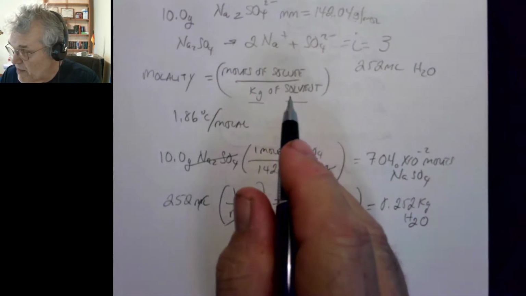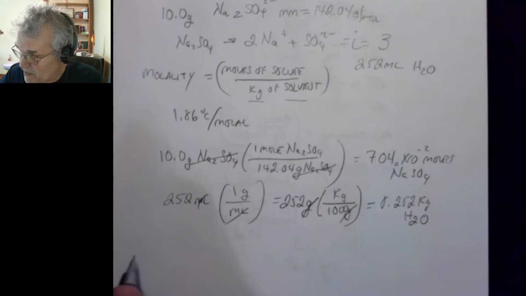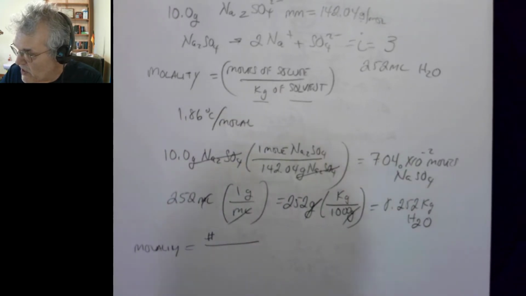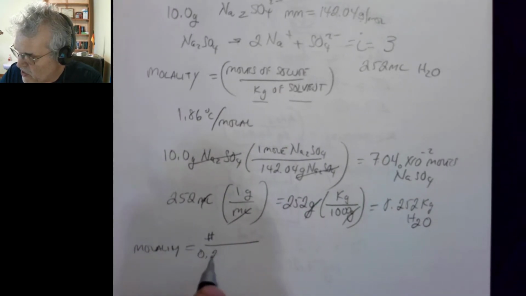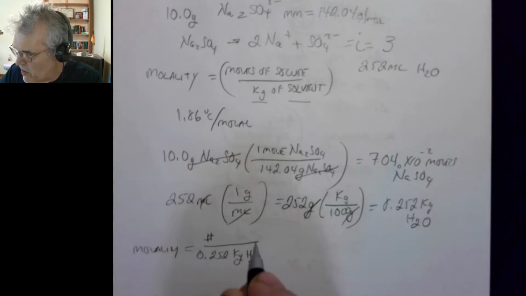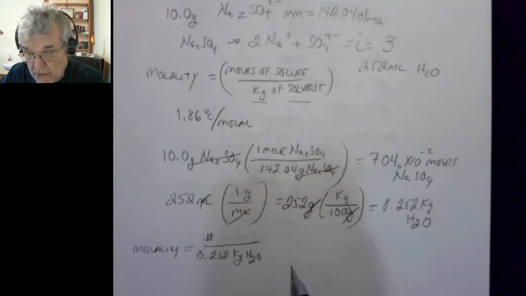Okay, so I've got the bottom of my molality. My molality is going to be number of moles over top of 0.252 kilograms of H2O.